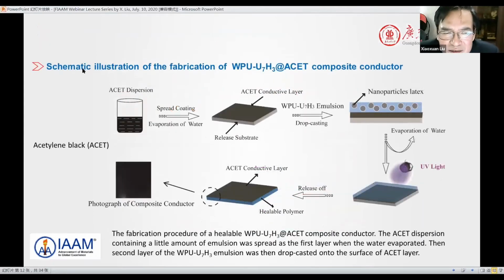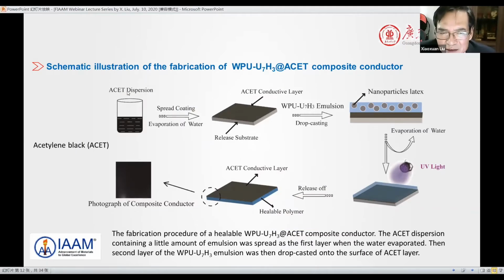So this is a schematic of the fabrication process of the healable composite conductors. A dispersion containing a small amount of emulsion was sprayed on the first layer.